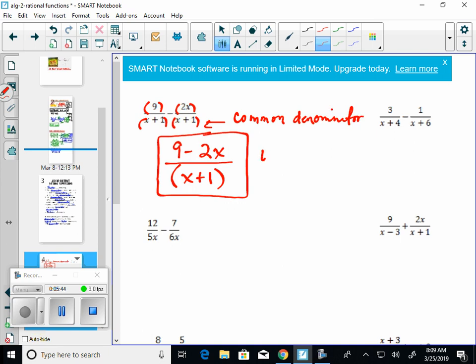Where is it undefined? At positive 1? At negative 1, because negative 1 plus 1 is 0. So this is undefined where x is equal to negative 1.